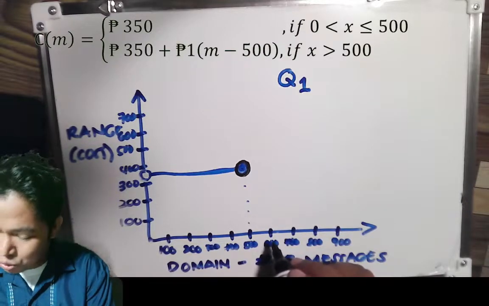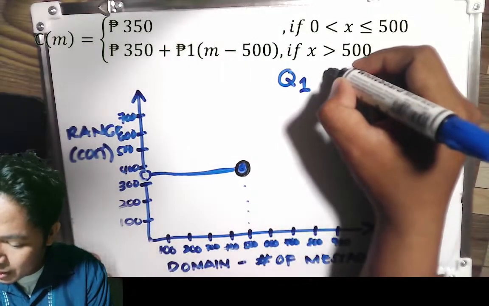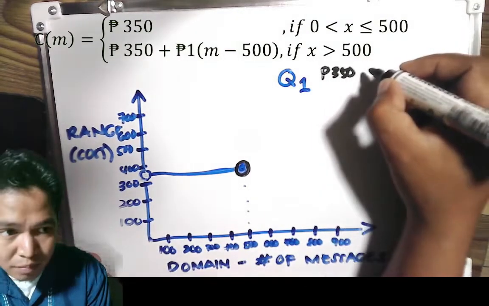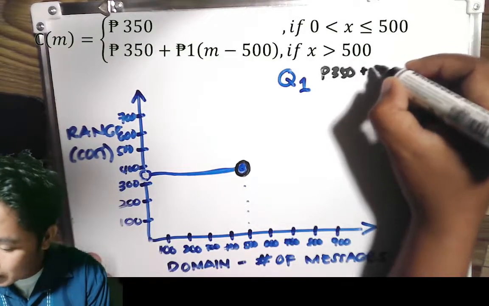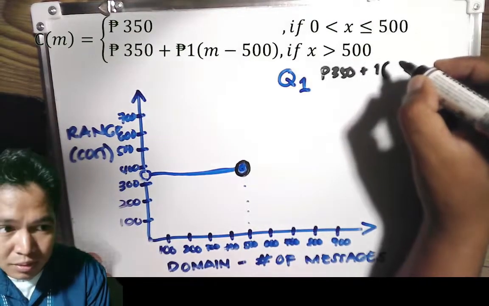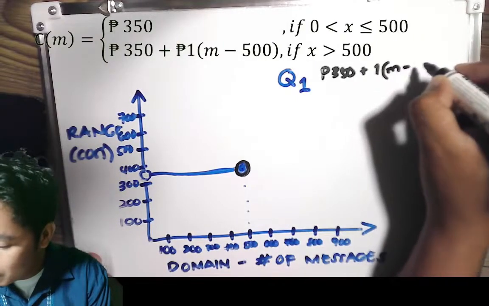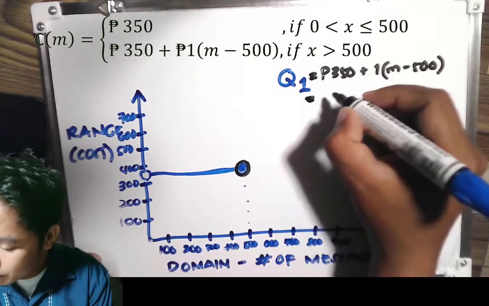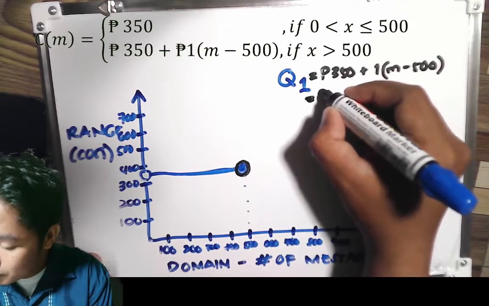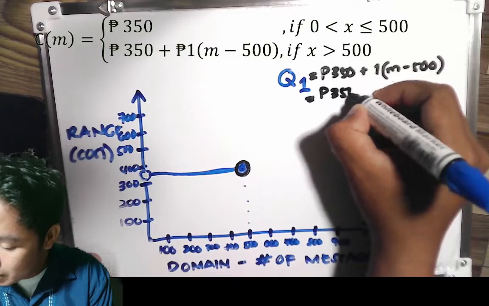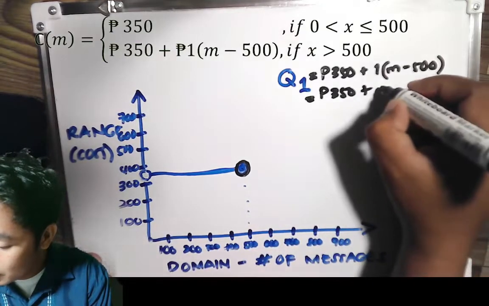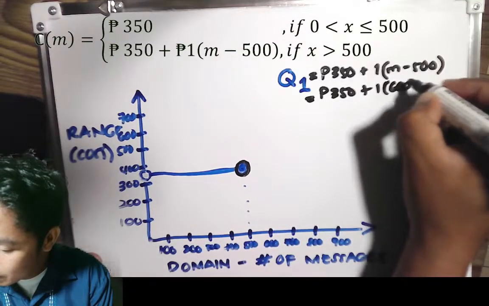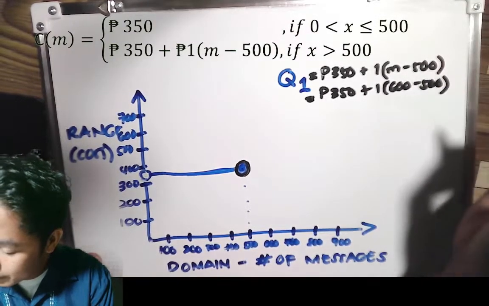Tingnan natin kung saan tatama. So, let us use the formula. 350 pesos plus 1 peso times M minus 500. So, 350 pesos plus 1 times 600 minus 500.